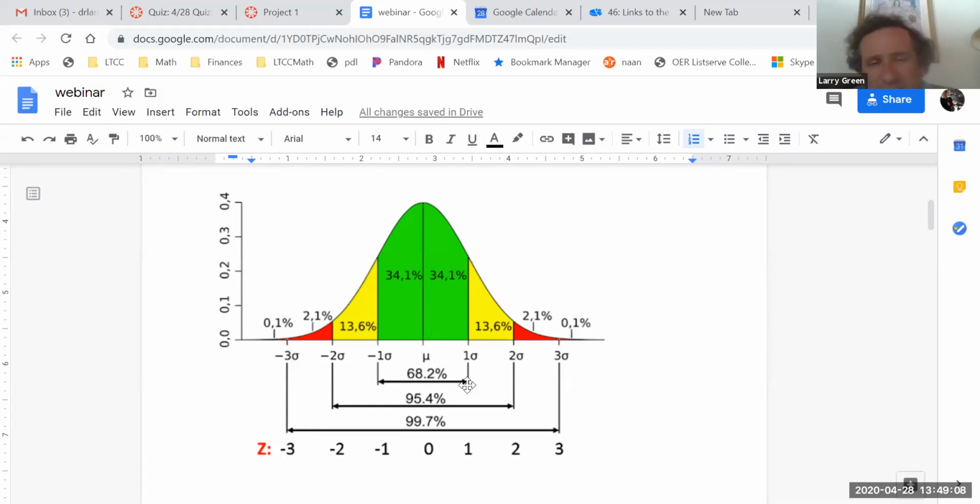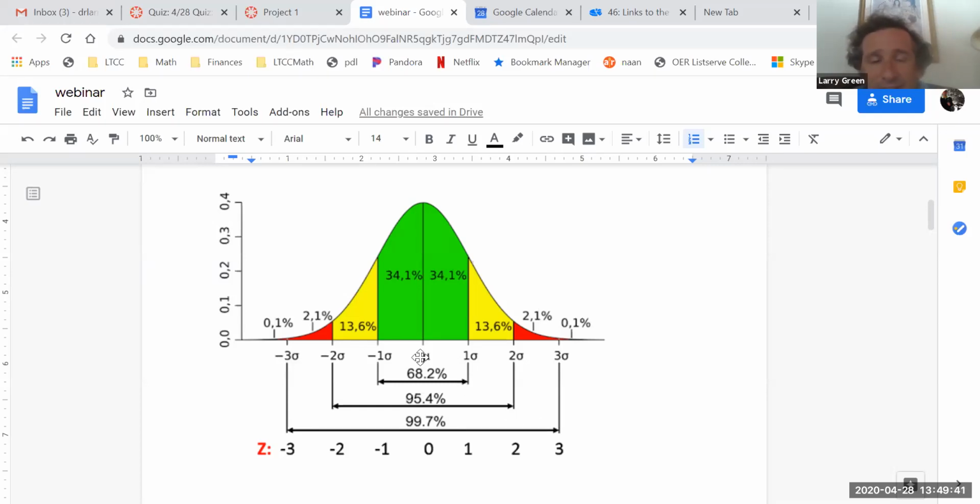Don't worry about the 0.2. We're just going to keep it at 68%. Something I didn't love about the picture is I like rounding it to 1 decimal. It's good enough for that. And 95% for -2 to 2, and 99.7% from -3 to 3. So notice that between -3 and 3 is almost all the data, right? 99.7% is almost everything. Very little left.